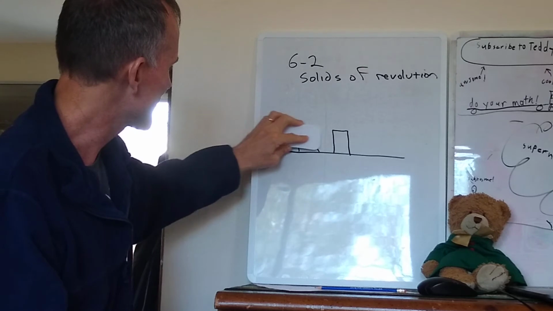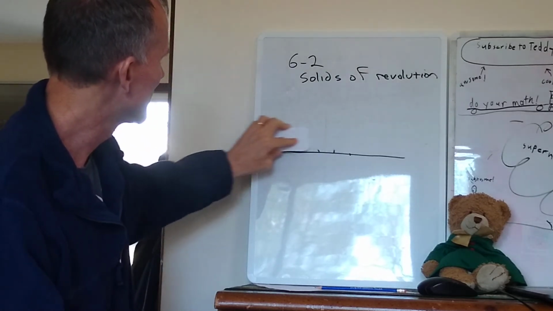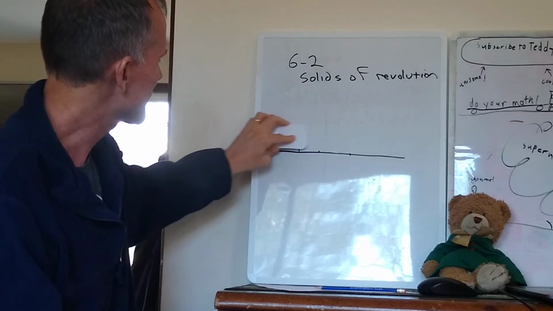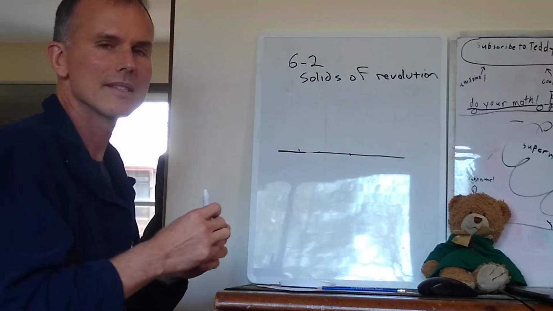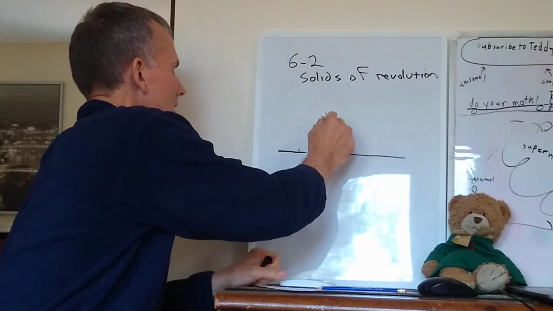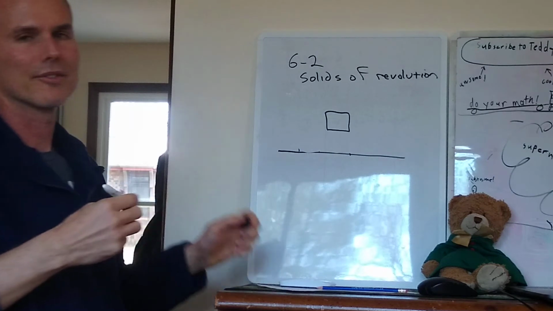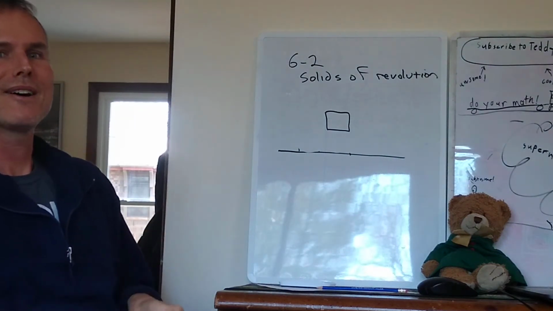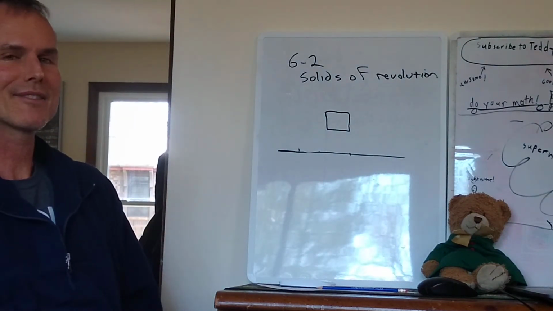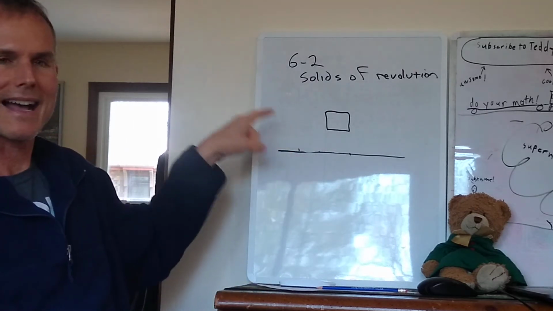Let's take this to the next level. And again, we're not doing any math yet, are we? Let's take that same steel beam, and this time we're going to draw a board up there, above the axis of revolution, and we're going to spin it around.